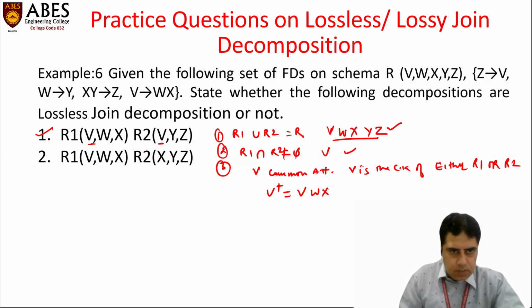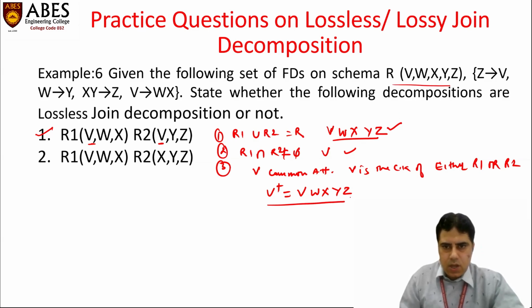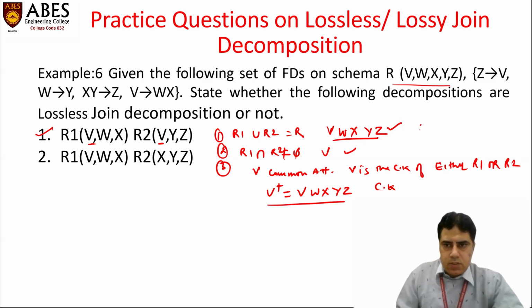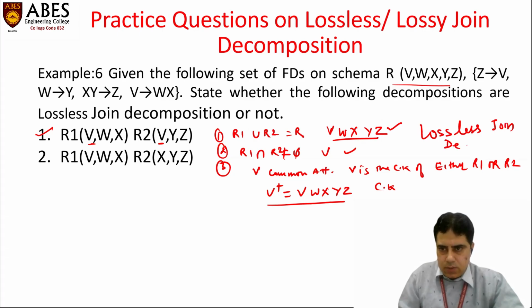And from W, we can determine Y. And from XY, we can determine Z. So from V, we can determine all the attributes given in the relation R. So V is the candidate key. So we can say that the given decomposition is a lossless join decomposition.